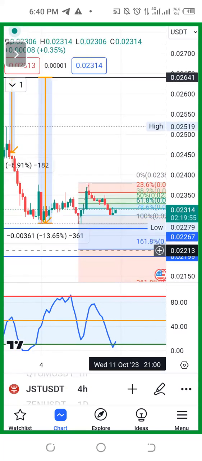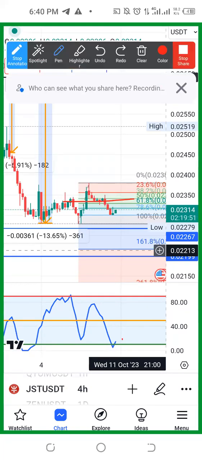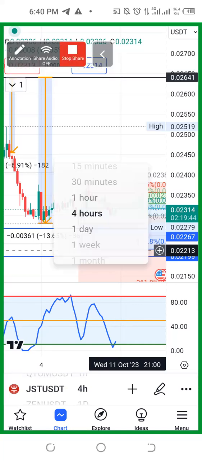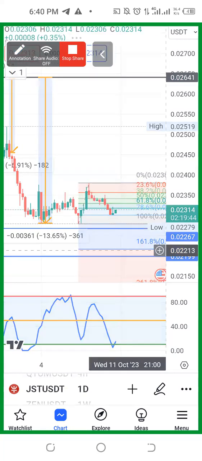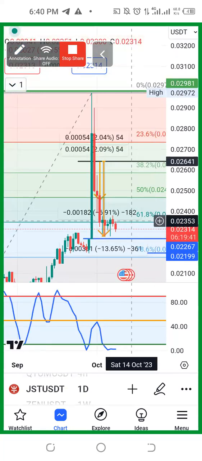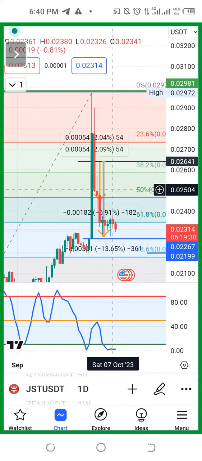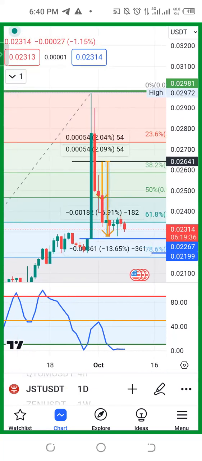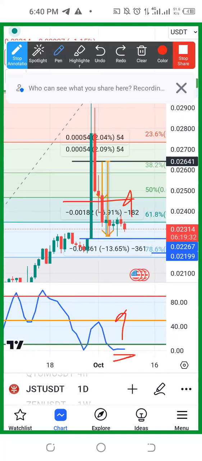And from the 4 hours, we can see it's already pointing up, already forming a long green candle. And if I go to the 1 day, from the stochastic RSI here, it's already showing oversold. It has been oversold, so it's pointing up.